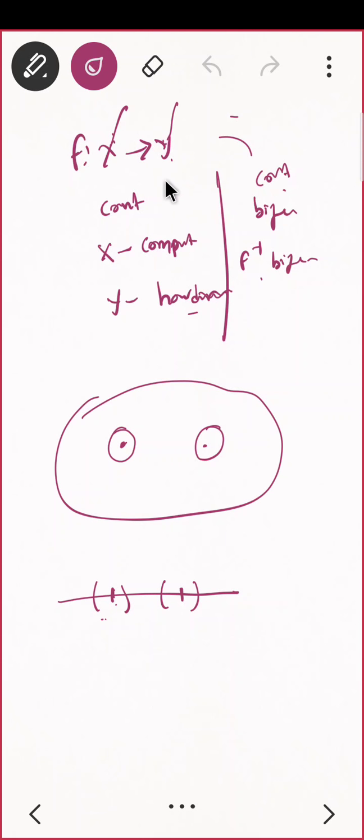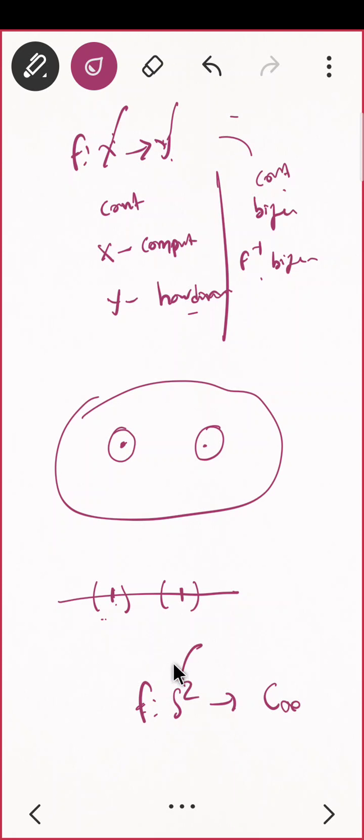X should be compact and Y is Hausdorff. So actually if you take the sphere, say the mapping from S2 to C infinity, if we say it that way it will also work.